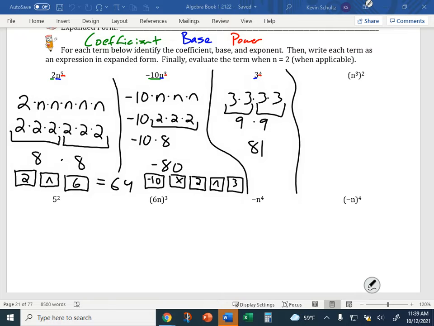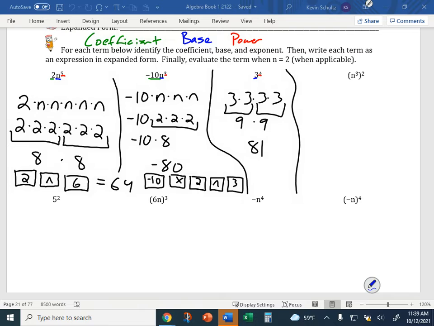Now we get our first introduction to parentheses. And so in this case, what are the bases? Plural. The bases of n cubed and then that quantity squared, which is what this is saying. Whenever you have an exponent, you have to have a base.